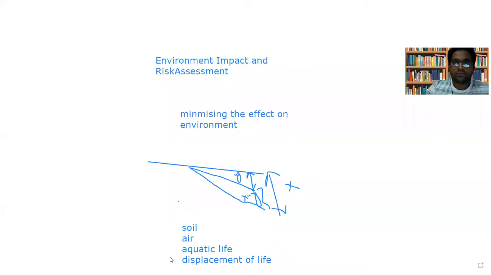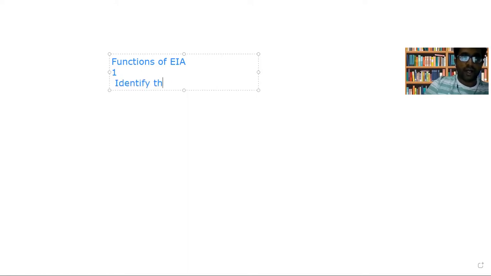Now let us discuss the different functions of environment impact assessment. Functions of EIA. We'll write first and then discuss. Identify the impact.